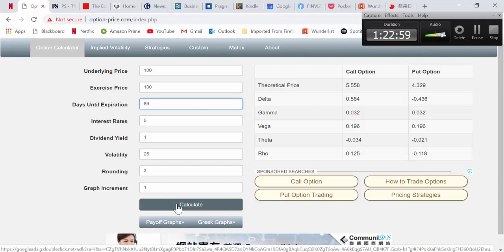When the days to expiration was 90, the call price is 5.558. And if theta is minus 0.034, if I hit calculate now, what is the price going to be? $5.524, perhaps. It may not be exact, but it'll be very close.